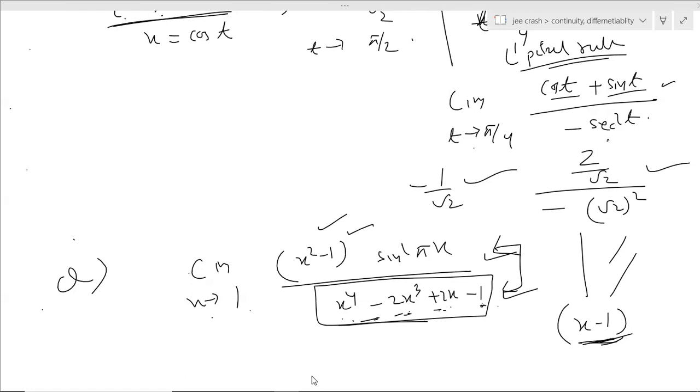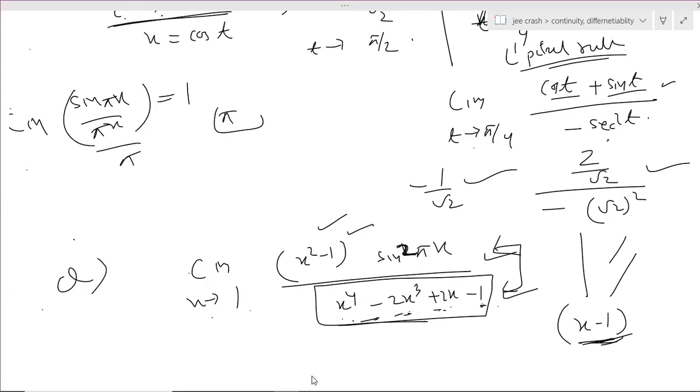Sir, could you please tell if this is sine inverse like pi x? No, this is sine square. Okay. We know sine x upon x is 1 at limit. So if they give you pi x, then just multiply and divide by pi. All right. So this becomes 1. The answer becomes pi.